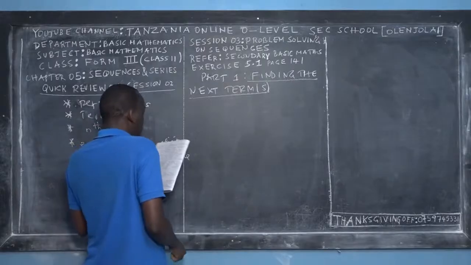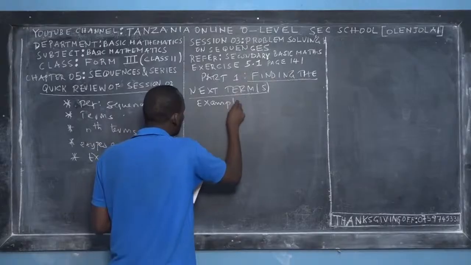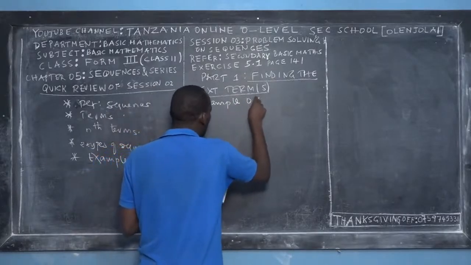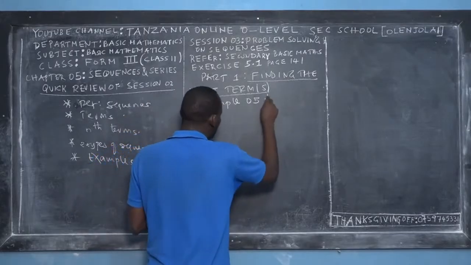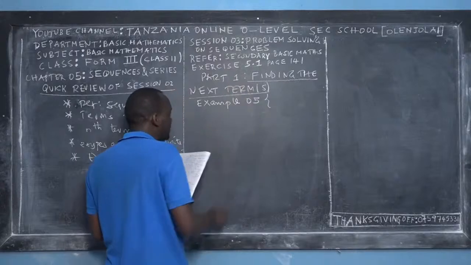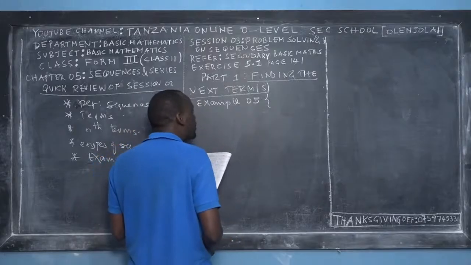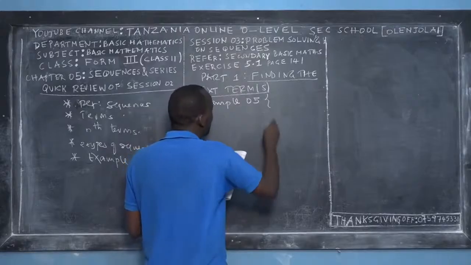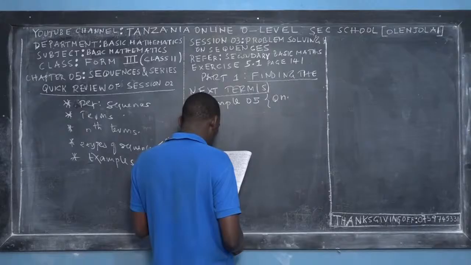So let us go to the series. In session 2, we ended at example 4, so this is example 5. In this example 5, I took it from exercise 5.1 of Basic Mathematics, Secondary Basic Mathematics Book 3, written by the Tanzania Institute of Education, and I took question number 1.